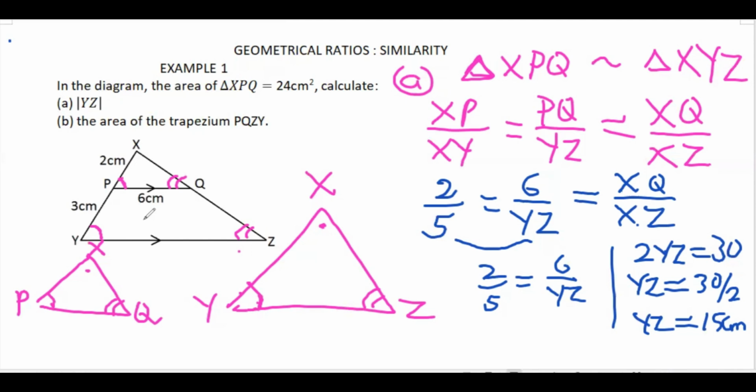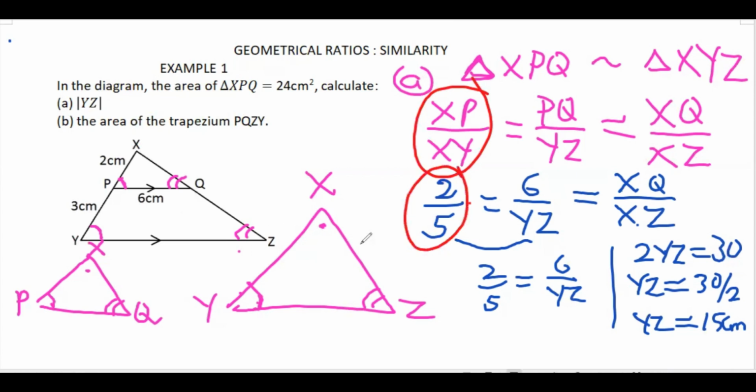In other words, if you subtract the area of the smaller triangle from the area of the larger triangle, it will leave you with the area of this trapezium, and that's our target now. Let's see how it goes. Don't forget, one particular complete ratio we already have, we'll use it, is this one. The ratio of XP to XY, we have it already. We use it in our next working now.